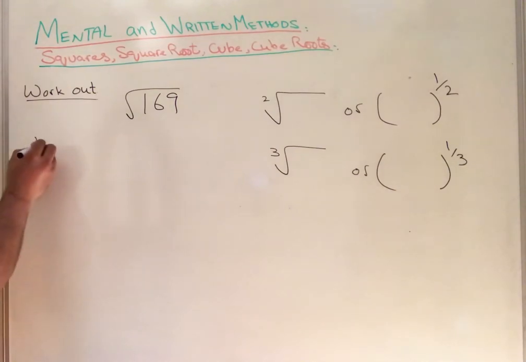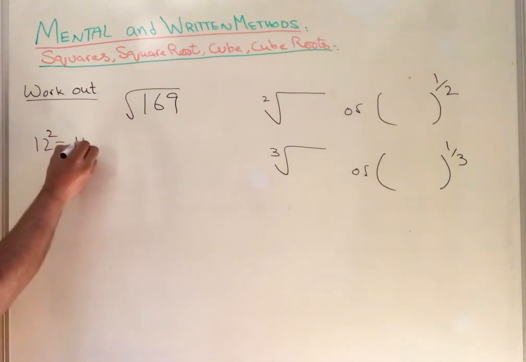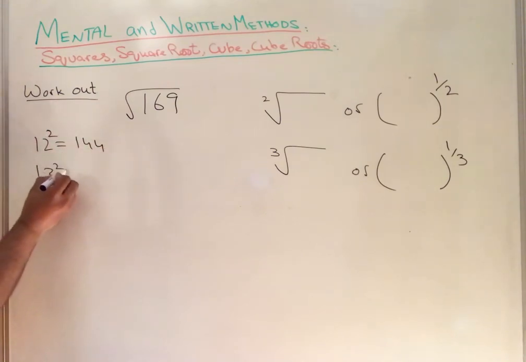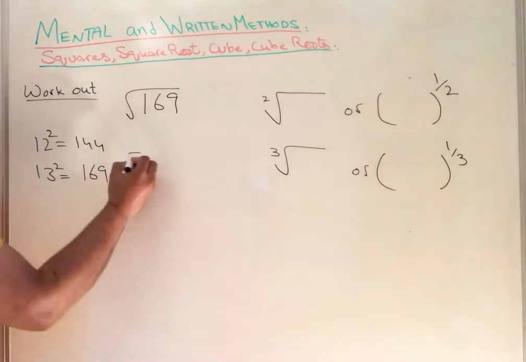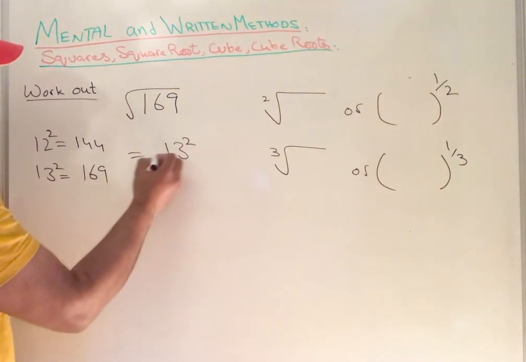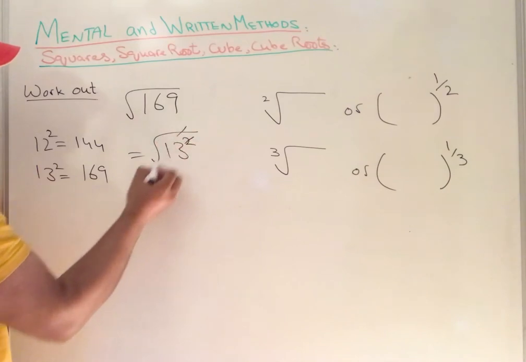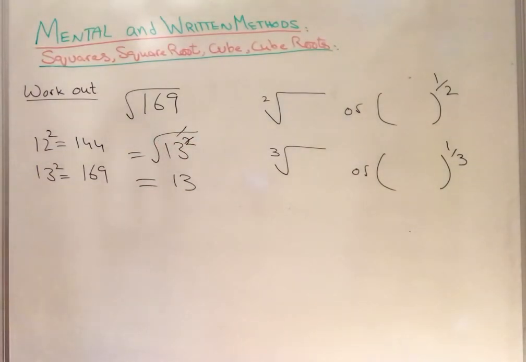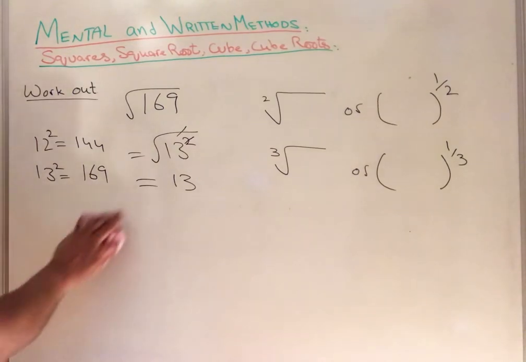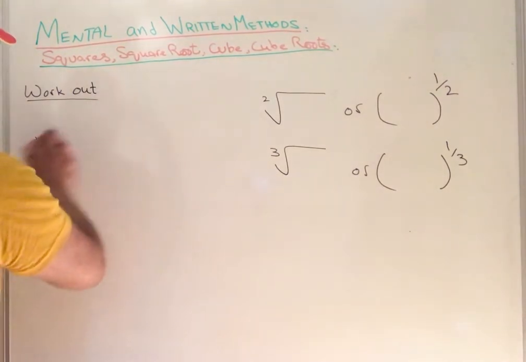So now we go to 12. What is 12 square? 12 square is 144. So 13 square, let's see. 13 square we have done already, which is 169. So again we can say that 13 square, which is 169, and the square root will cancel with that one, and the answer is 13. Now we are moving to the cube ones. Let's see how we can work out the cube.